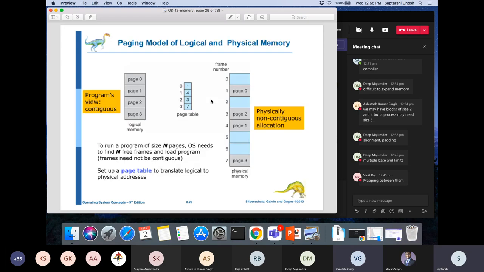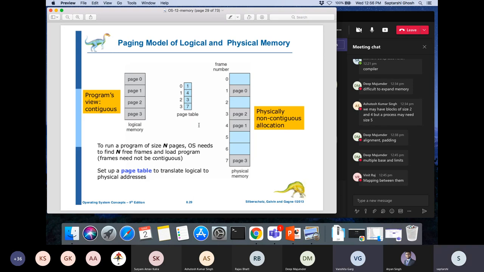So here is a picture. The logical memory space of the process has 4 pages: page 0, page 1, page 2, page 3. In the physical memory, these pages are stored in 4 different frames, and the frames need not be contiguous, as you see here. And what do we need in order to translate logical addresses to physical addresses? Exactly like what we discussed in the segmentation scheme, we need a page table.